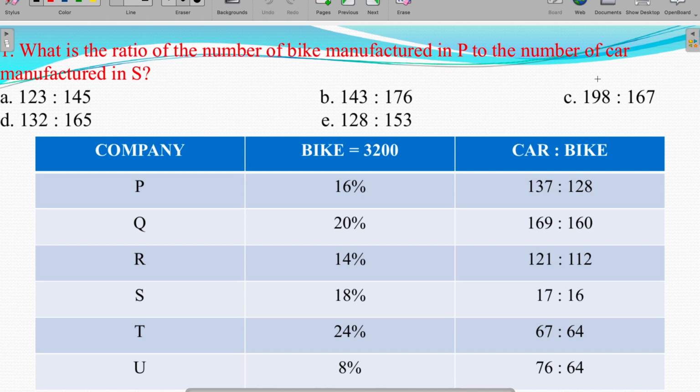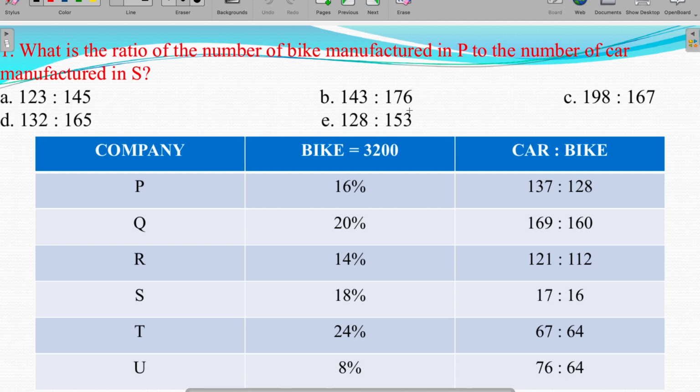What is the ratio of the number of bikes manufactured in P to the number of cars manufactured in S? Let's solve this question.